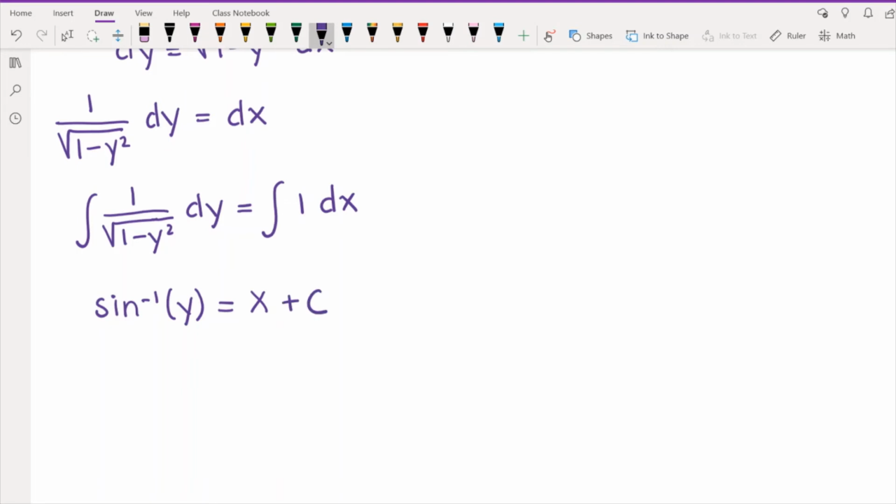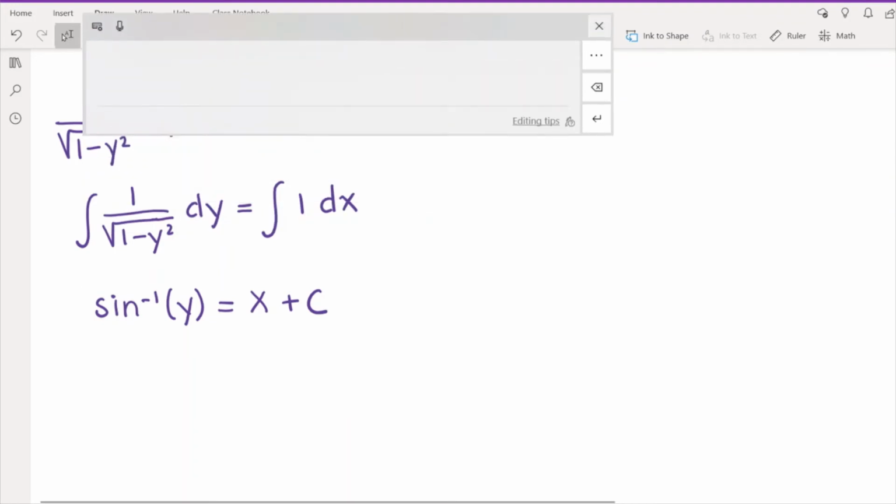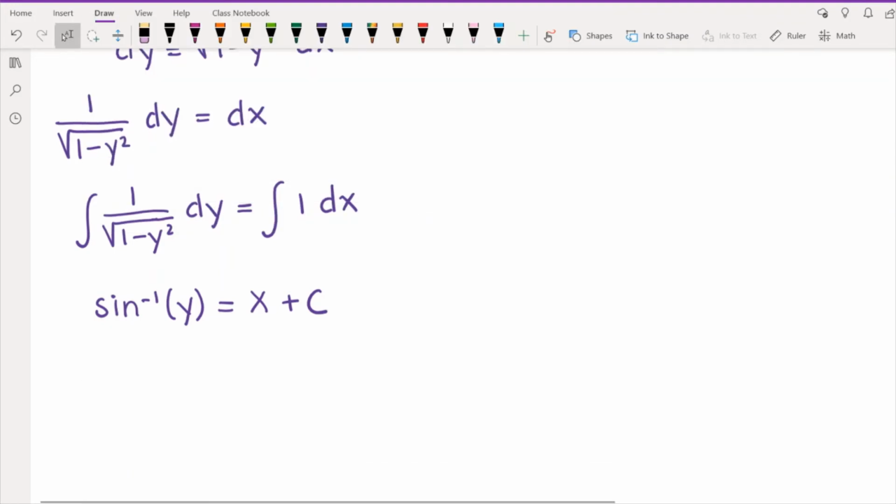Okay, so how do we solve this for y? Well, I would just think about how we can rephrase this in a different way. If inverse sine of y is equal to x plus c, that's the same thing as saying that sine of x plus c is equal to y, right? Because that's how the inverses work.